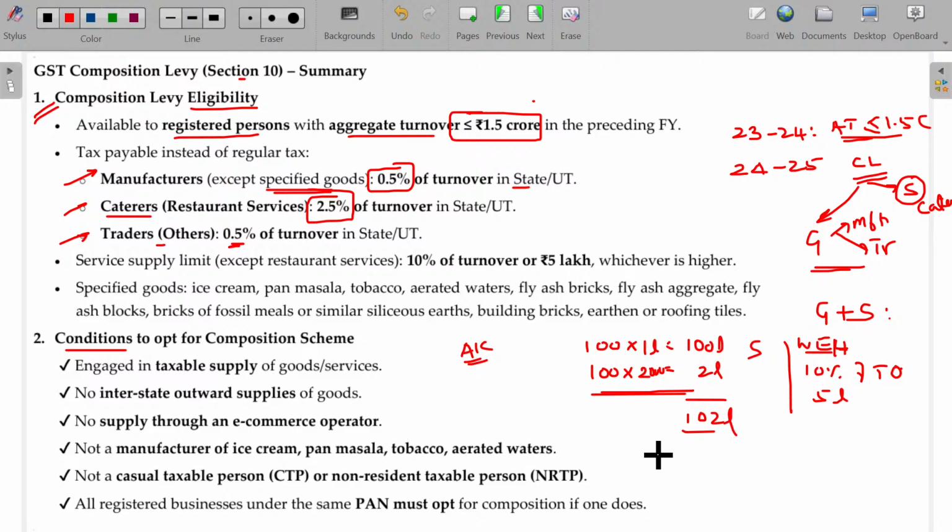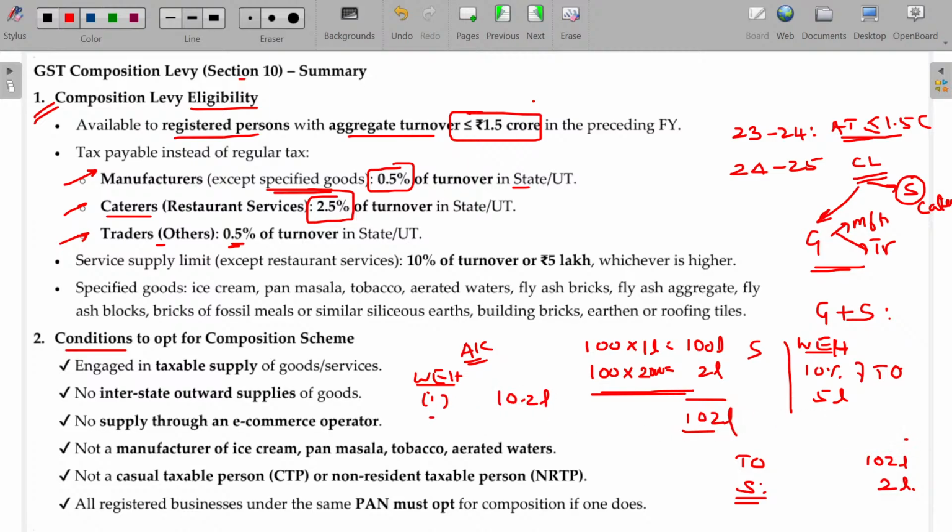Will he be able to go for composition levy? What is the total turnover? 102 lakhs. What about the turnover for service? 2 lakhs. But what is the maximum limit he can have for service in his own turnover? Whichever is higher: number one, 10% of the turnover, 102 lakhs into 10%, 10.2 lakhs.